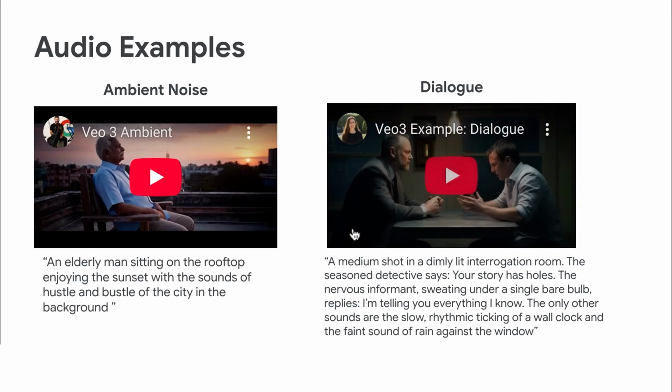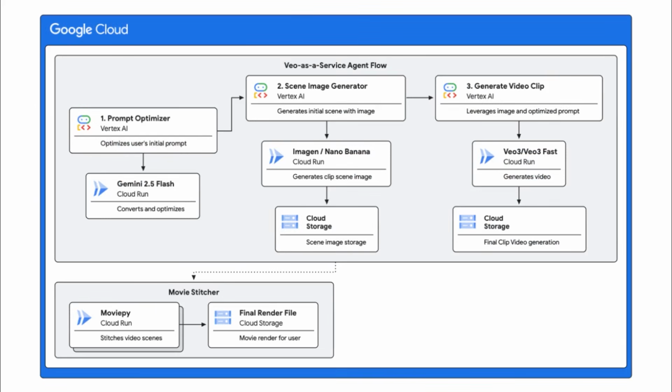And in addition to the dialogue, Veo is able to add the ambient noise as well. And so the next thing that I really want to talk about is the workflow when you think about implementing something like this. Veo is really not a tool that should be used on its own. We have Gemini to help you with your prompts. We have Imagen and Gemini 2.5 Flash Image, also known as Nano Banana if you've heard of it today.